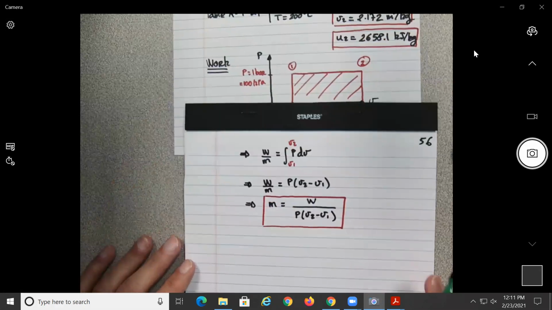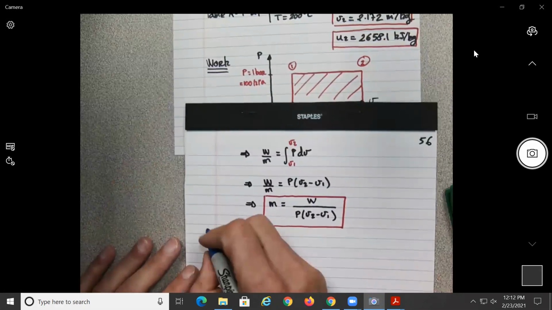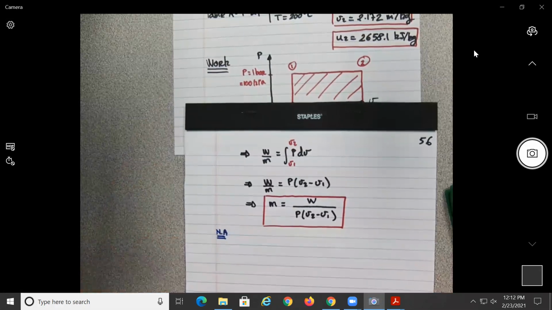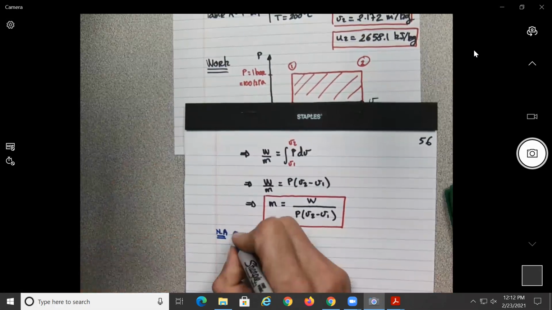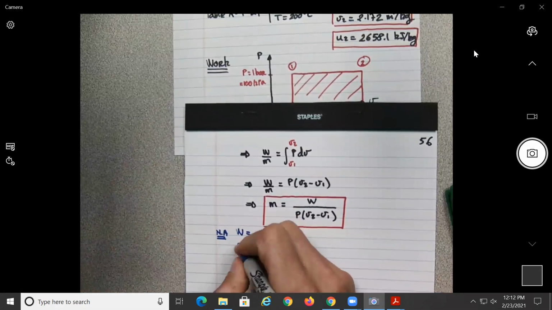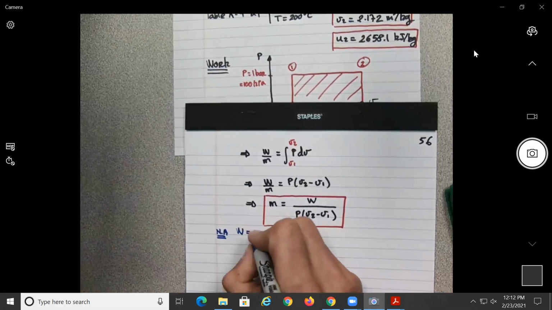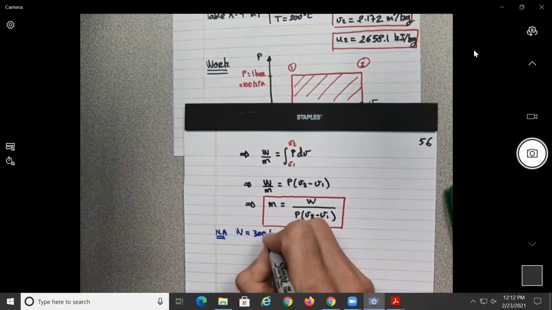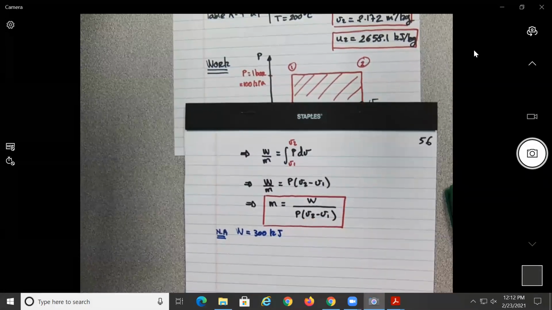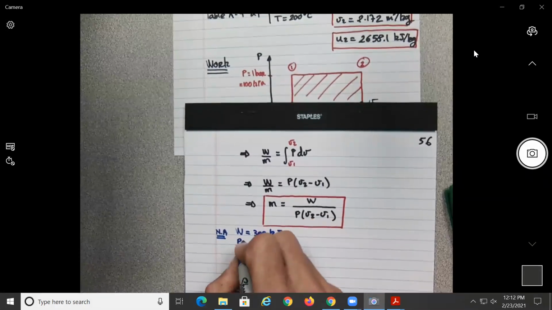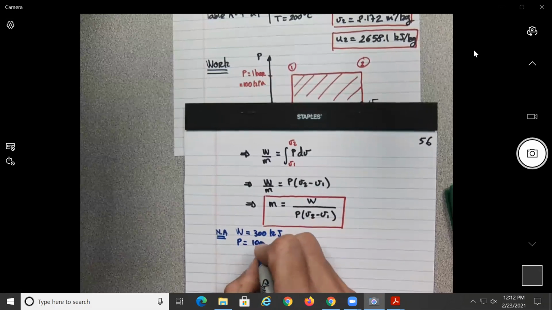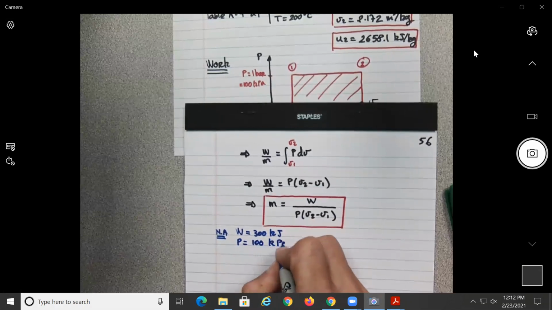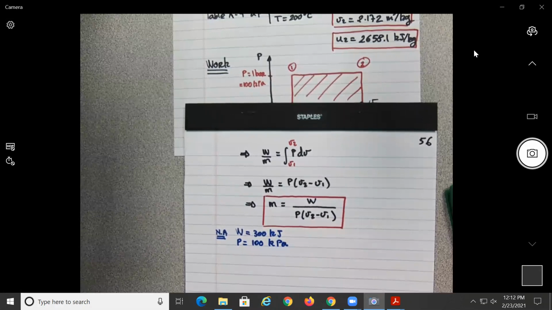Okay, so over here we need to do the numerical application, but let's be careful with the units. We know the work is given to us to be equal to 300 kilojoules. P is 100 kilopascals.